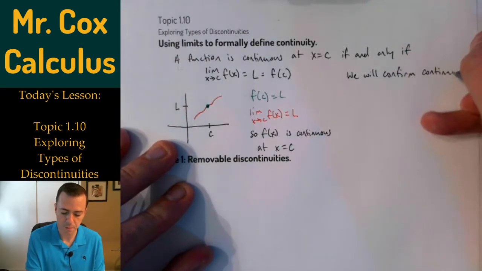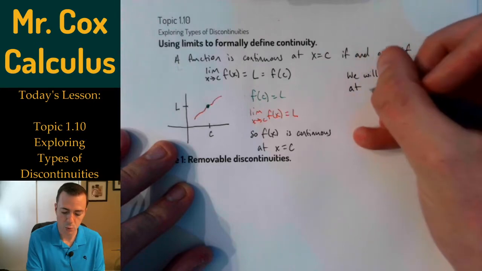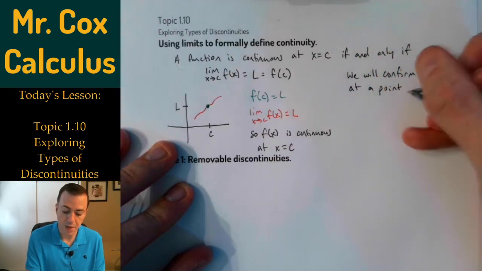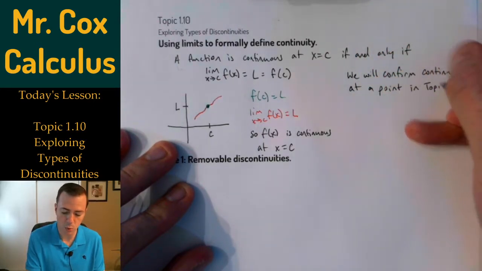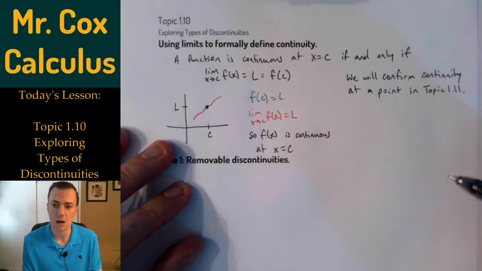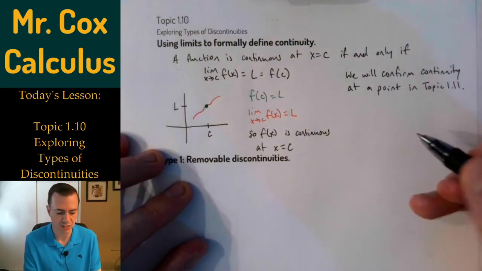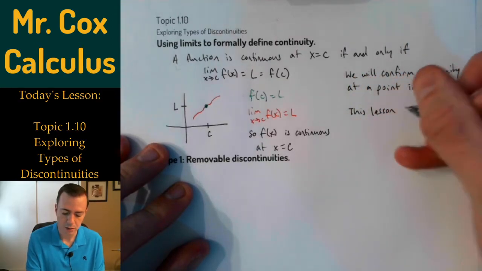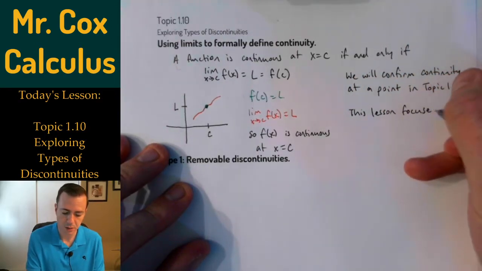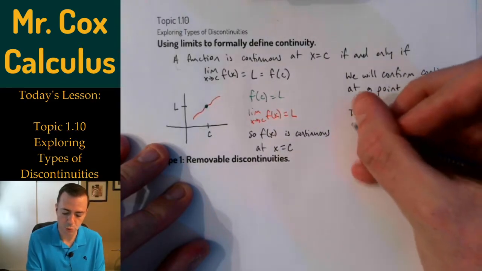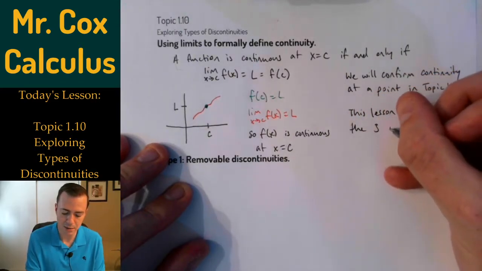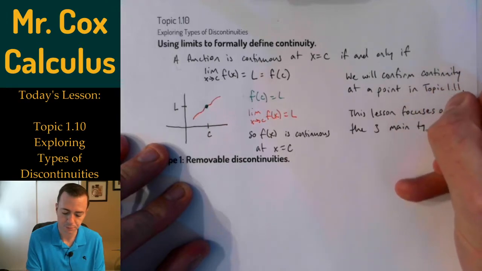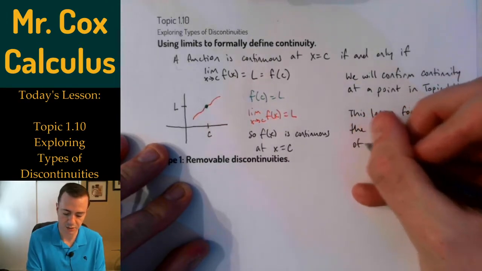Now then, we're going to use this definition and this idea to actually confirm or verify continuity at a point. That comes in the next topic, topic 1.11, where we'll actually confirm that a function's continuous. This lesson today focuses on the three main types of discontinuities.